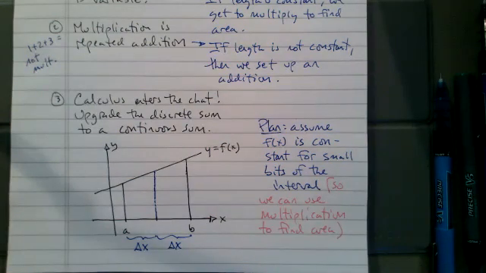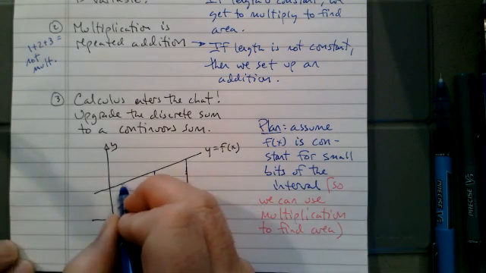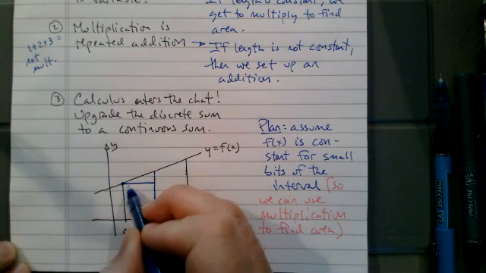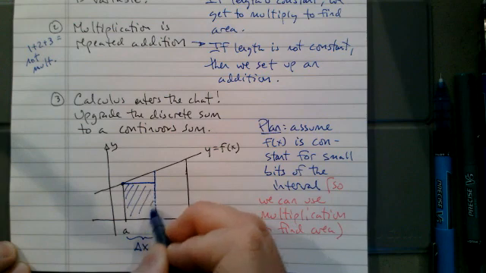I'm going to flatten out the function for those small pieces of the interval. And then I'm going to calculate area with multiplication. So I flatten out the function, and I calculate this area with multiplication.